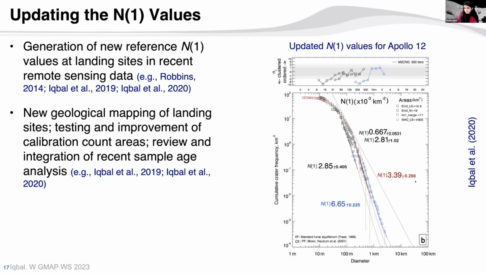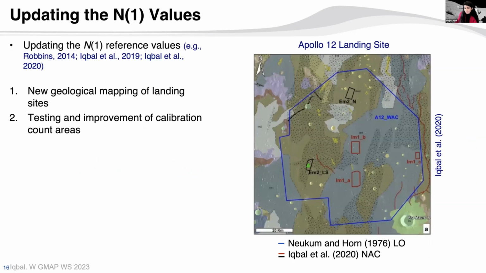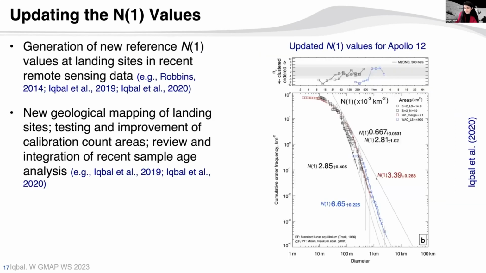And this red value is coming from these three areas on the Imbrium H unit, and they are so close together that we can have one single N value representing this Imbrium H Mare unit.